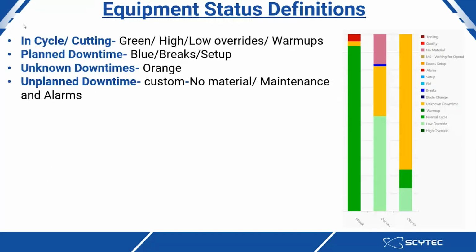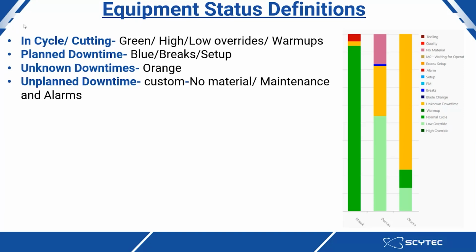Now, something else I'd like to discuss in terms of defining when you get started with your machine monitoring journey that is really nice about DataXchange is that, once again, everything is 100% user definable. So what we are looking at over on the right-hand side is a screen grab of our equipment status summary. We have 3 different machines, the Mazak, the Doosan, and Akuma, and what their machine statuses have been in a certain time frame.